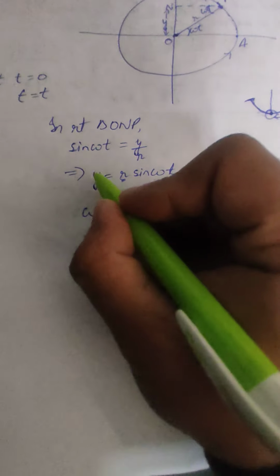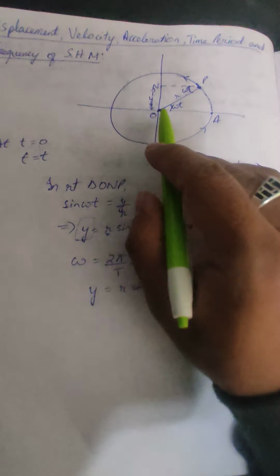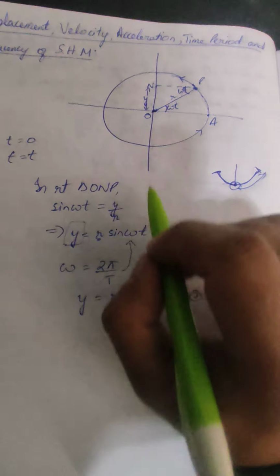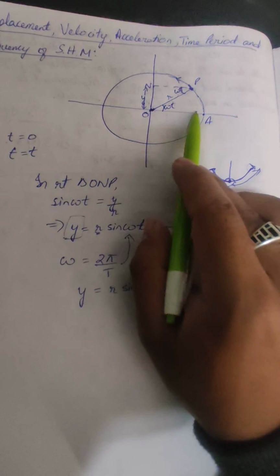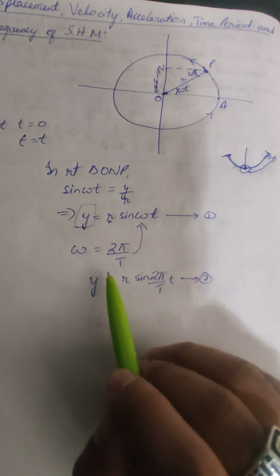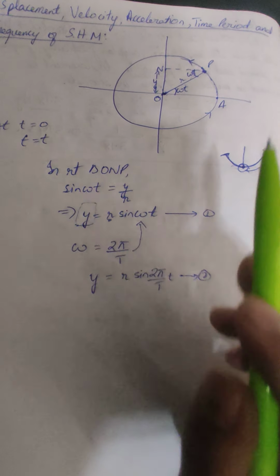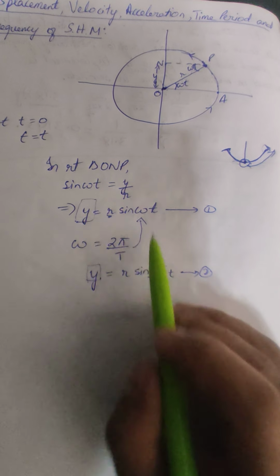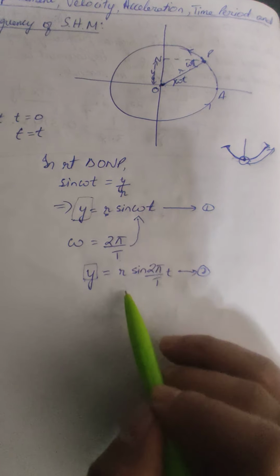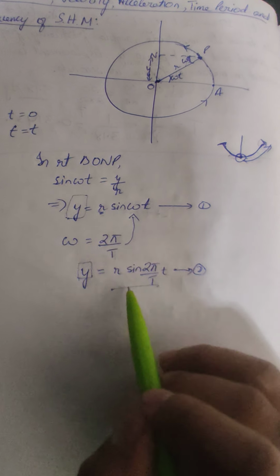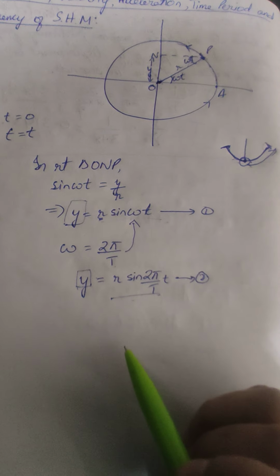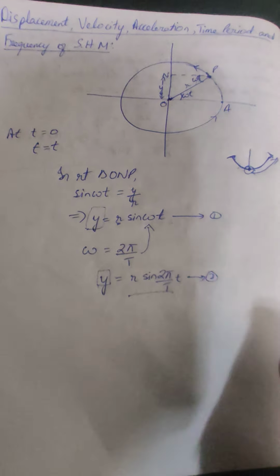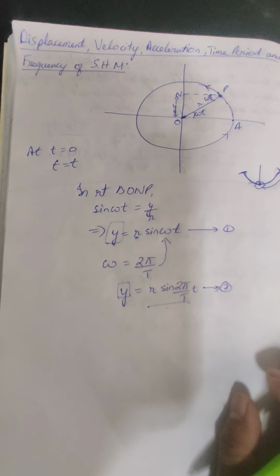Y is the displacement, the perpendicular distance between the initial and the final position. Both equations can be used to calculate the displacement depending upon the situation. So that is about displacement.